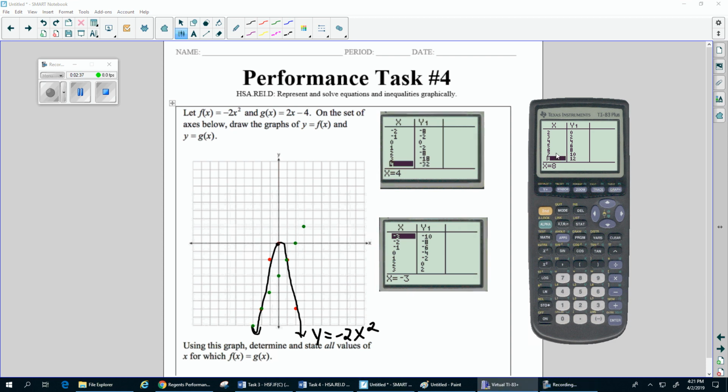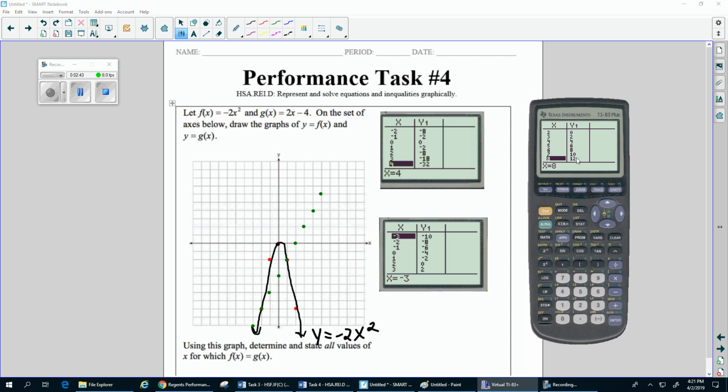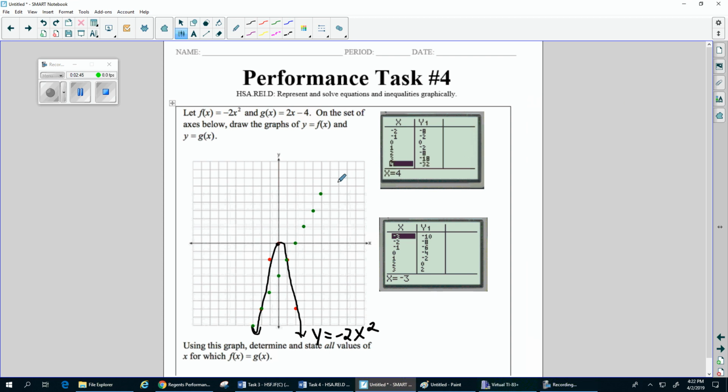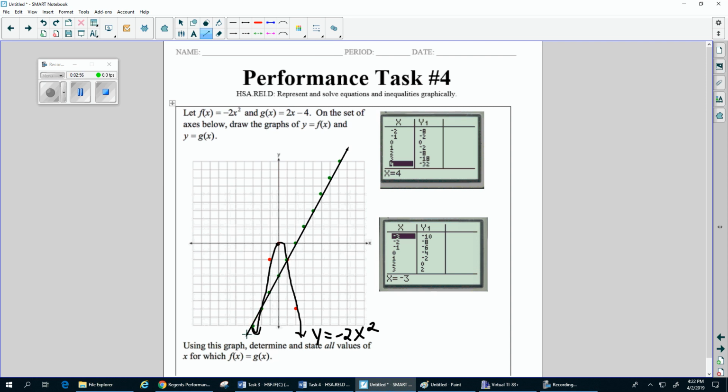I got 4, 4, 5, 6, 6, 8, and 7, 10. And let's go ahead and connect this. We do want arrows on either side because it's a line. And go ahead and label this with its equation, y equals 2x minus 4.